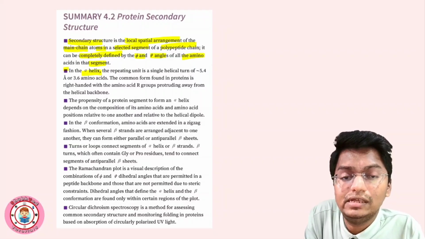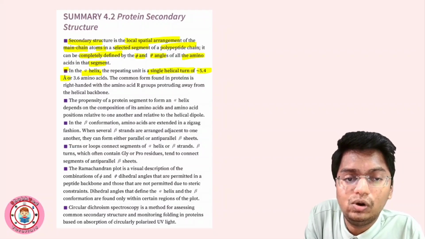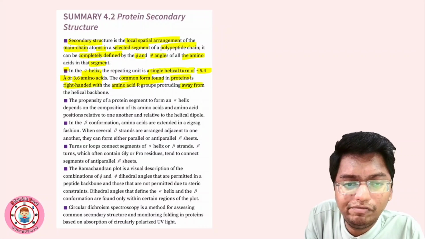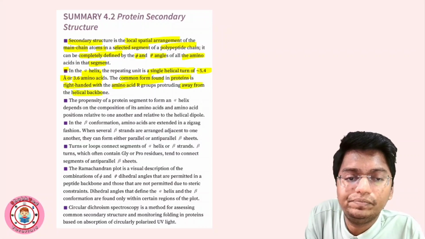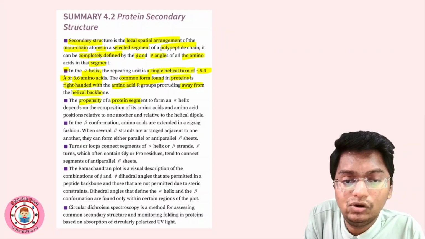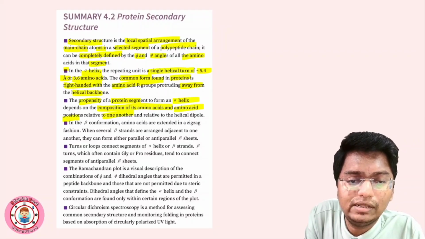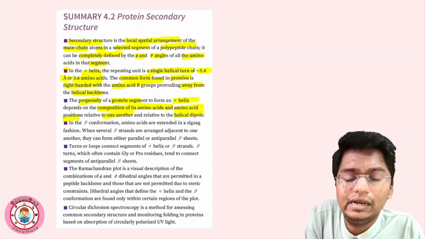In the alpha helix, the repeating unit is a single helical turn of 5.4 angstrom or 3.6 amino acids.